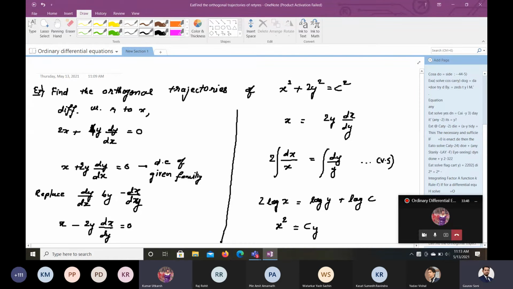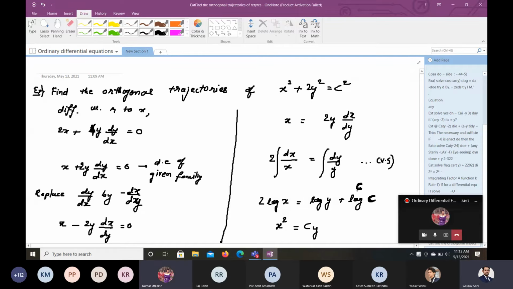So in this case, you write log c. The reason is I wanted to simplify it further. c I can write as c, but c is log of some other number, right?